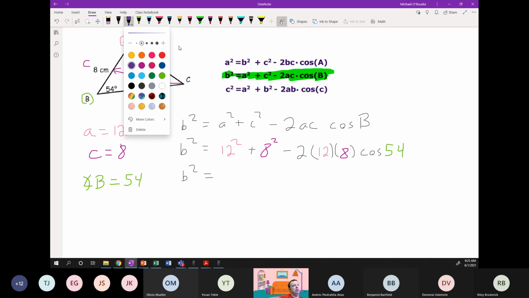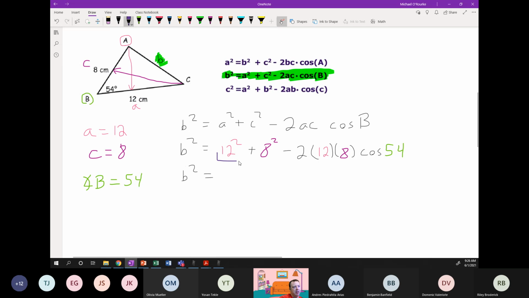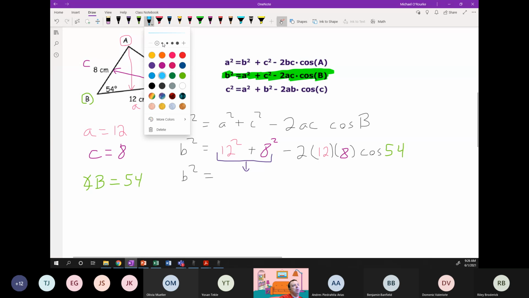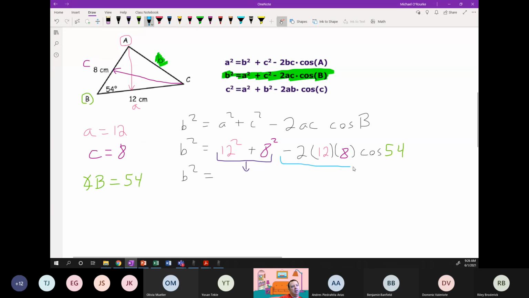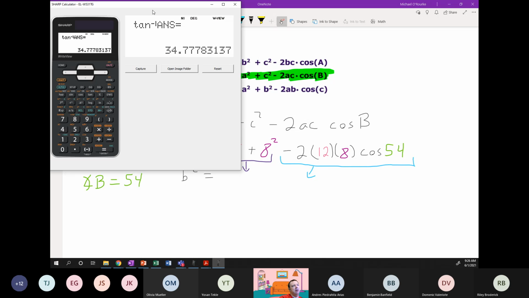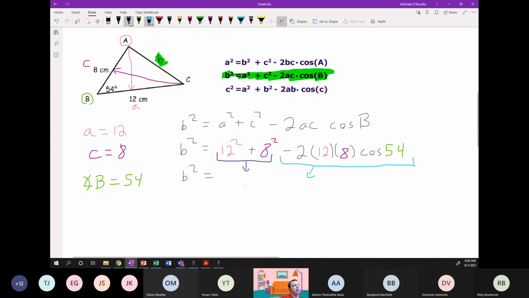I would do this calculation first, and then I would do this calculation separately and combine them. So if I was doing this here, I would do 12 squared plus 8 squared and get my number. So 208 is my number right here, 208.